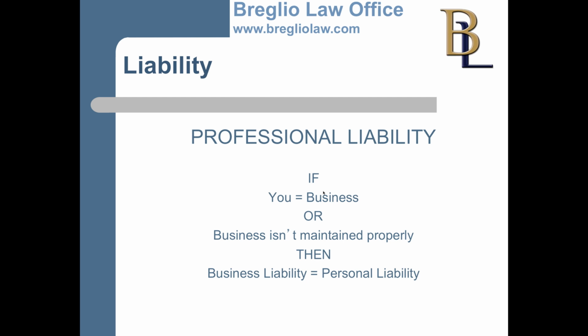Or if you set up an entity and you don't maintain it properly, this is called piercing the corporate veil. This is when you have an entity set up like an LLC or a corporation, and you're running your business. But if you don't maintain it properly, you don't sign your contracts correctly, you don't fund it properly, you don't transfer assets to it properly, if you commingle funds or don't do your bookkeeping correctly, these are reasons that the court can look at and say, you know what, yes, this person set up a business entity, but they didn't really treat it like a separate entity.